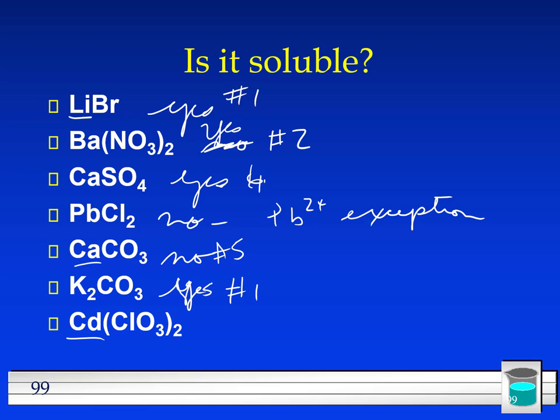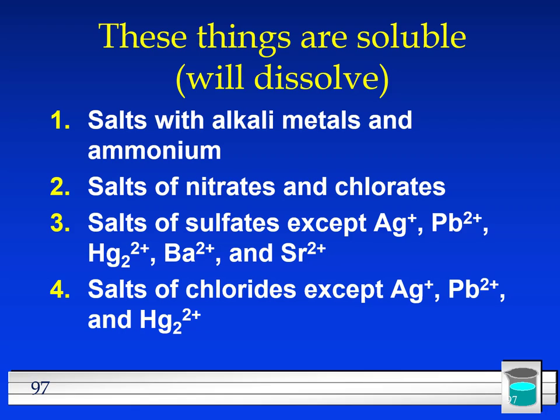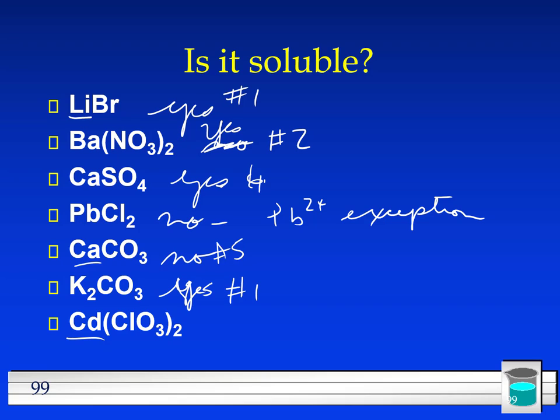Chlorates or chlorides? Which one was it? Yeah, it's rule number 2. Chlorates were in the list. So this is soluble because of the chlorate. Are we okay with that?